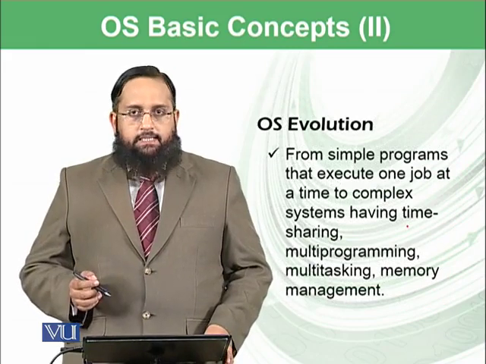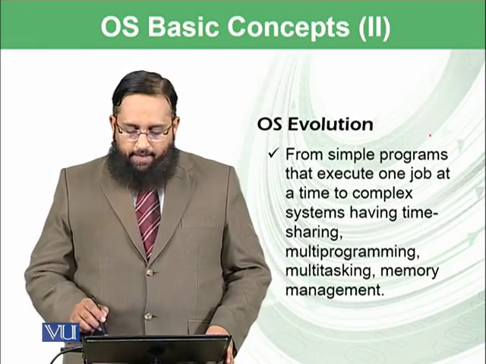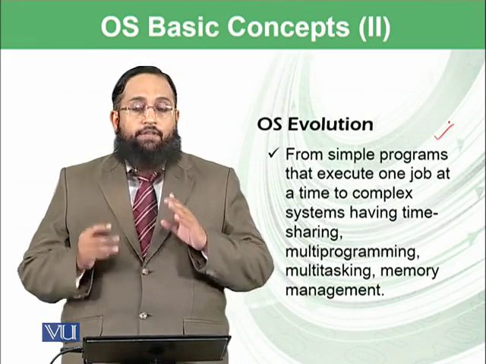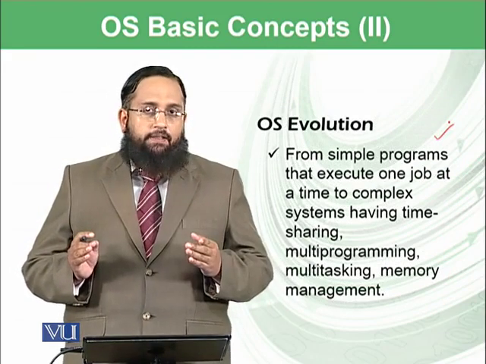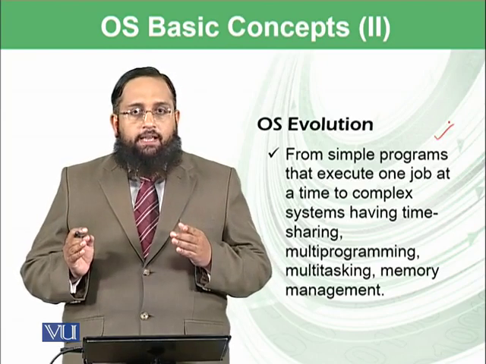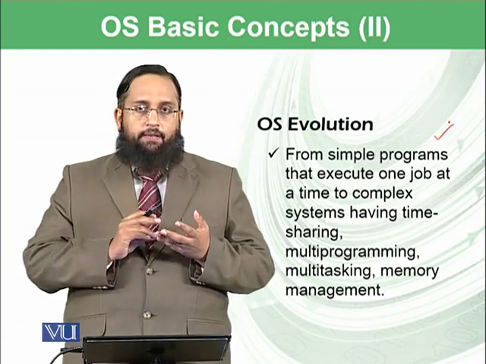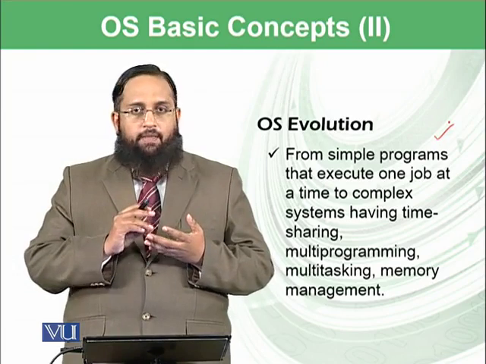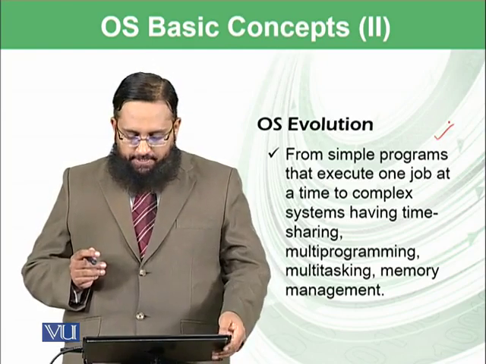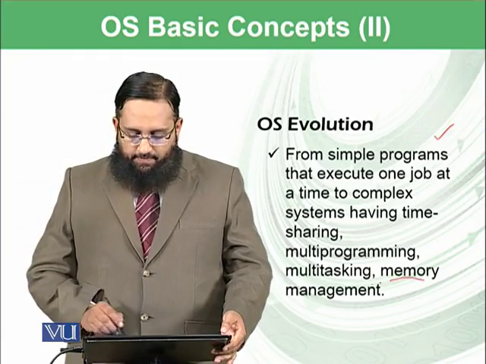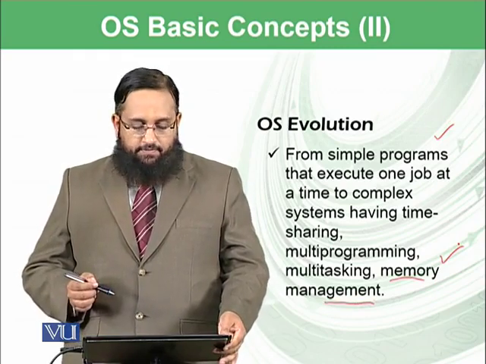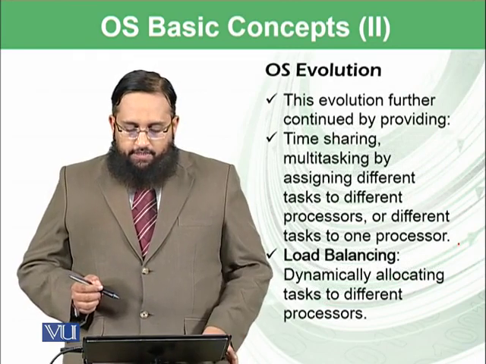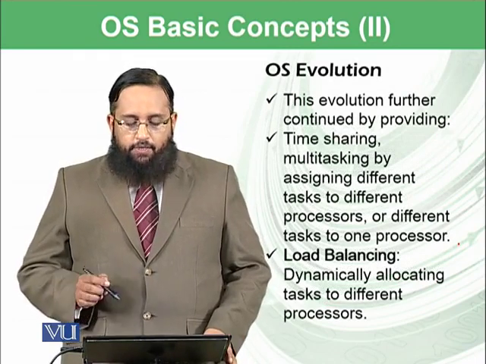So the OS has evolved from simple programs that execute only one job at a time to very complex operating systems which nowadays fulfill time sharing, multi-programming, multitasking, and memory management as well. Such things we are going to discuss in next modules. This evolution further continued.